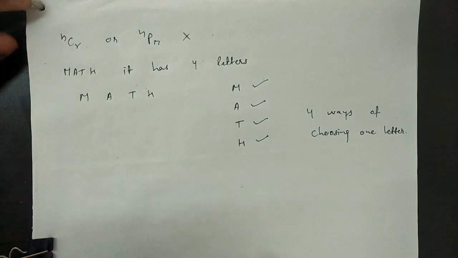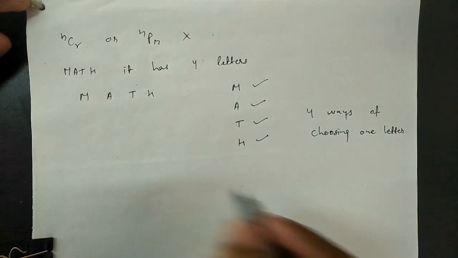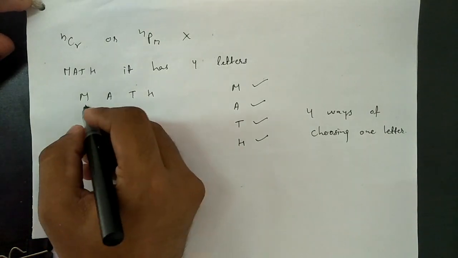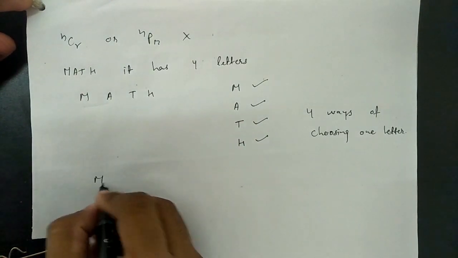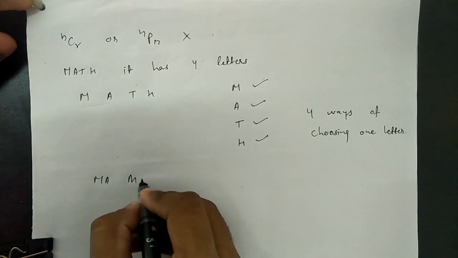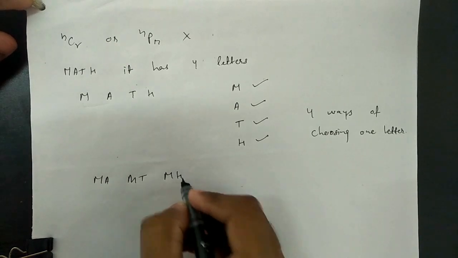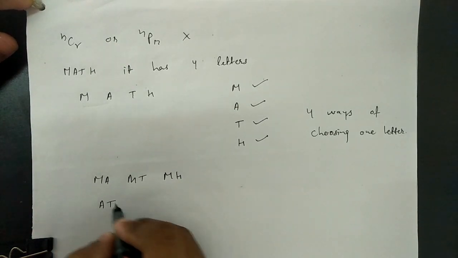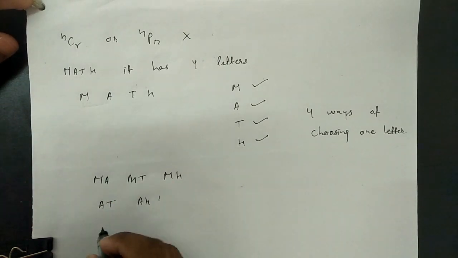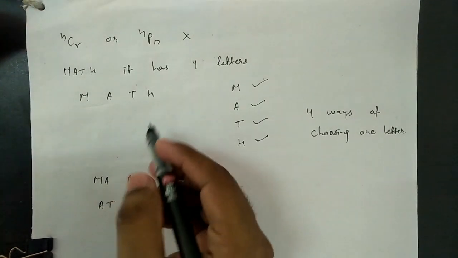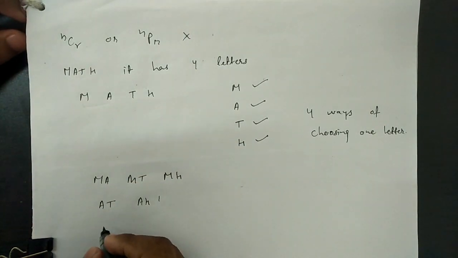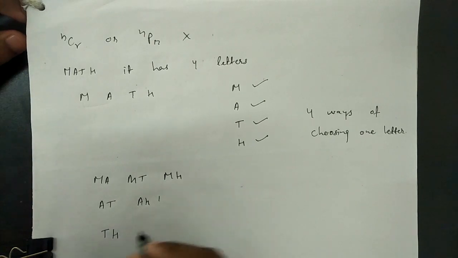Now if I ask you how we can choose 2 letters from this word, we can choose either MA, or MT, or MH, or AT, AH, and TH.